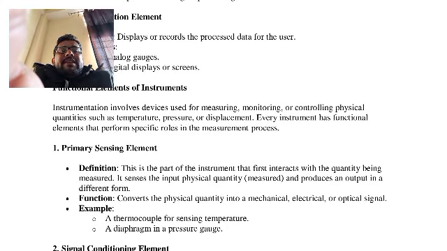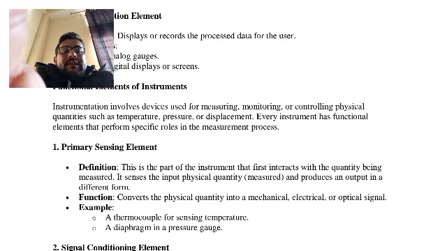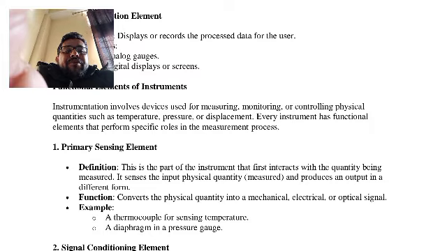First, the primary sensing element. This is the part of the instrument that first interacts with the quantity being measured. It senses the input physical quantity and produces an output in a different form.